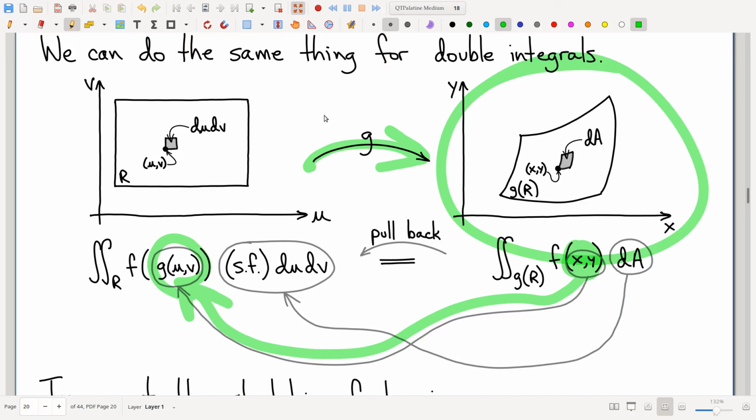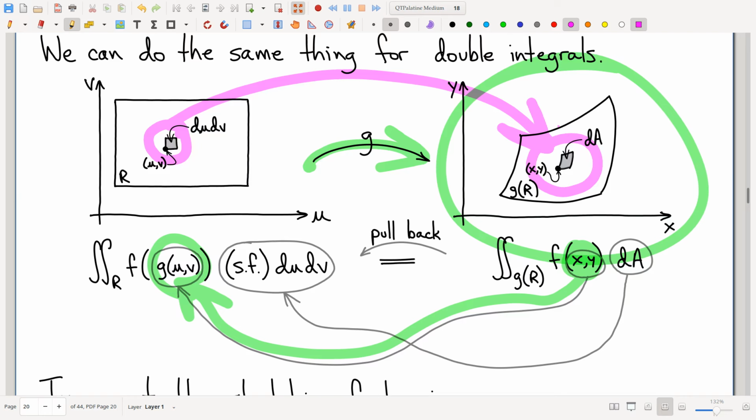The only catch, the only extra little detail, is you do have to recognize and account for the fact that that little piece of area is not the same as that little piece of area. Right? They're clearly different. This function g could be all kinds of wacky. It could distort the plane, it could stretch the plane, areas could come out bigger, they could come out smaller.